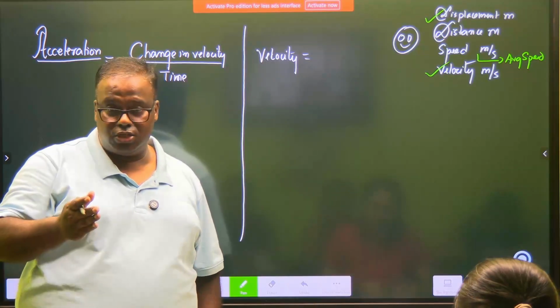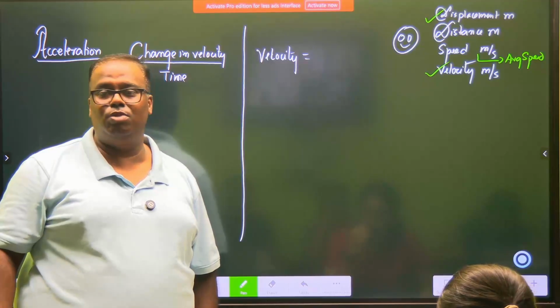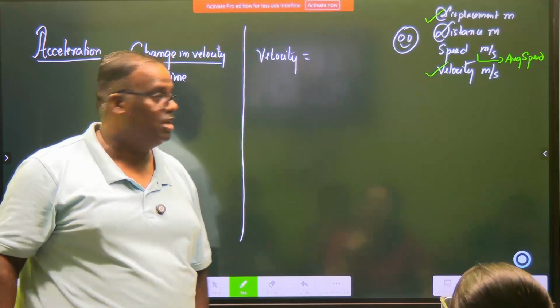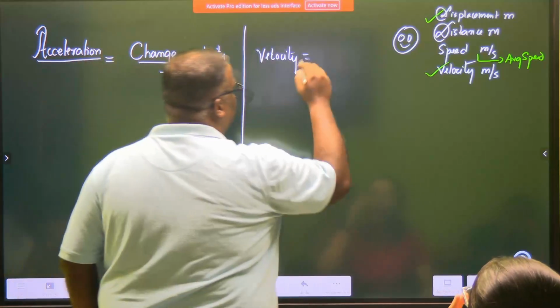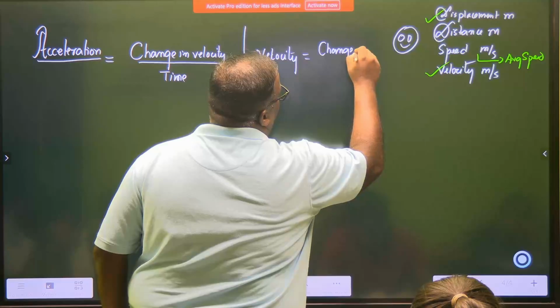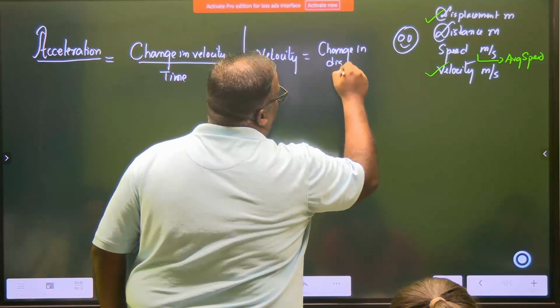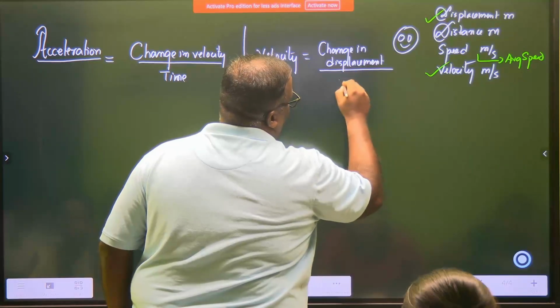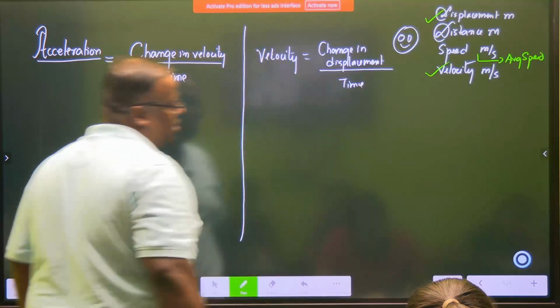Difference of your age today as compared to the day you were born was how much? 14 years. That's why your age is 14 years. So when we talk about velocity, we will say change in displacement over time. Now, how to understand this?